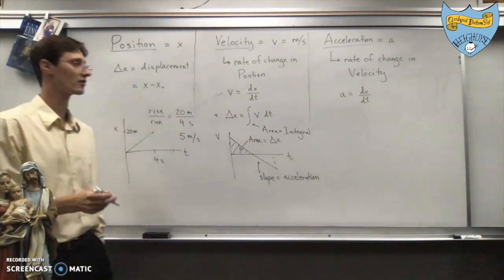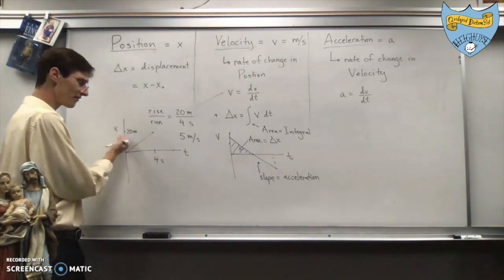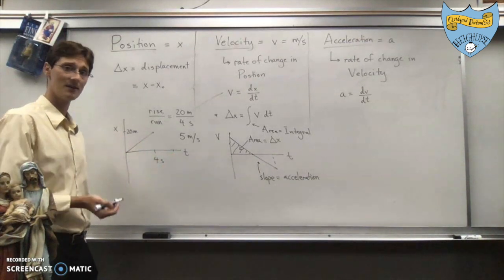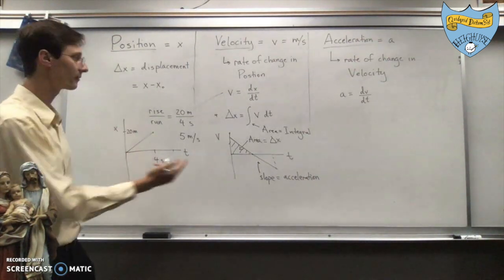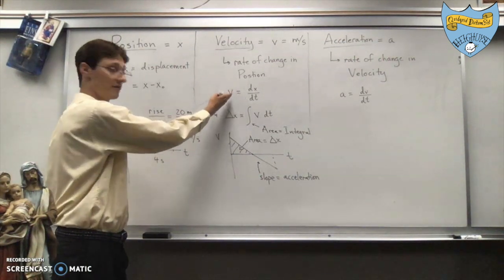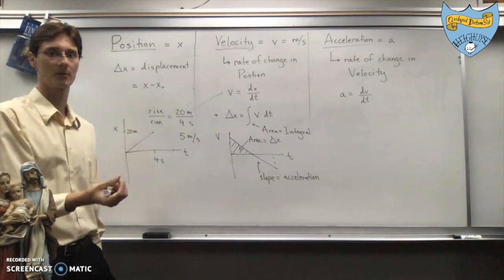Velocity is always going to be measured in meters per second in physics. So therefore, the slope of a position versus time graph has units of meters per second, confirming what we just said here, that the velocity is the derivative or slope of a position versus time graph.